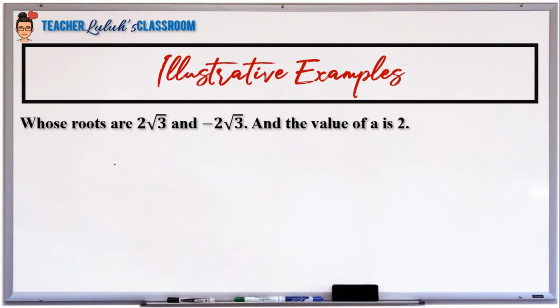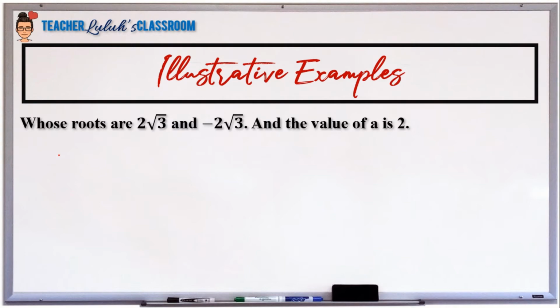Second is, if the given or the roots are irrational or yung may mga square roots such as this, the two roots are actually positive and a negative. So, if I have 2 square root of 3, that will mean the other root will be negative 2 square root of 3. Yes.